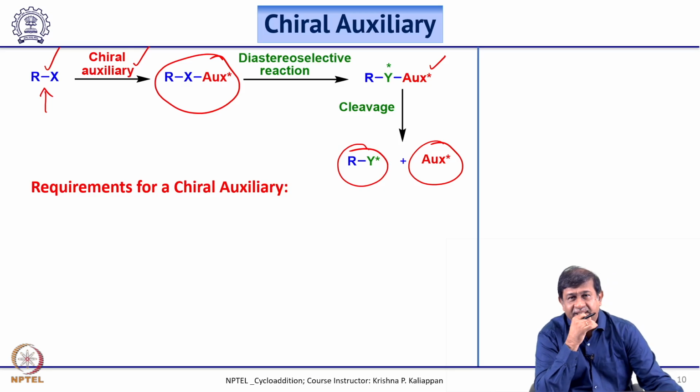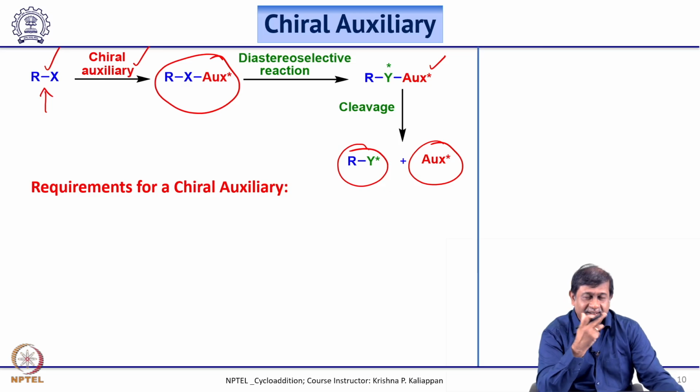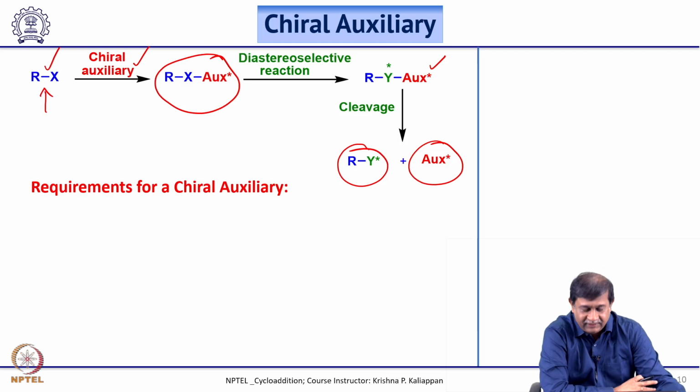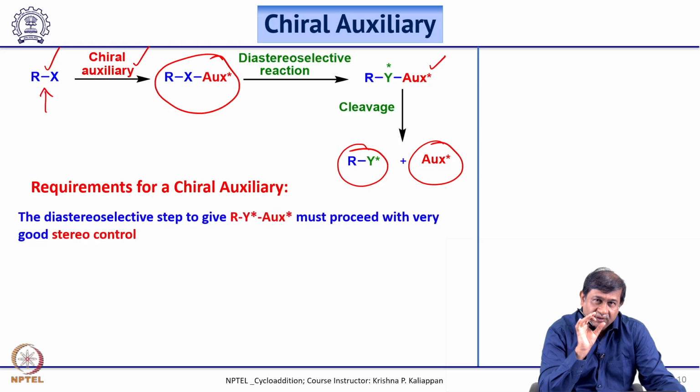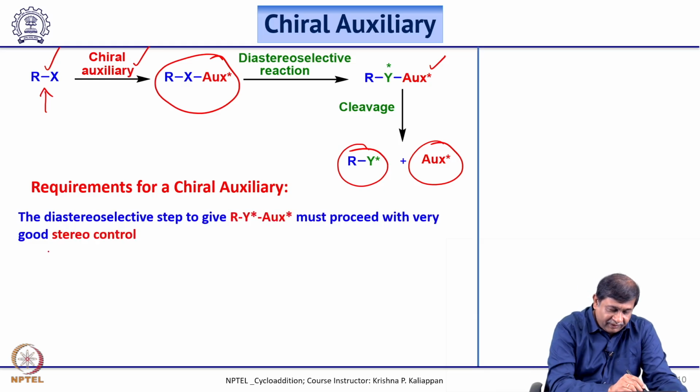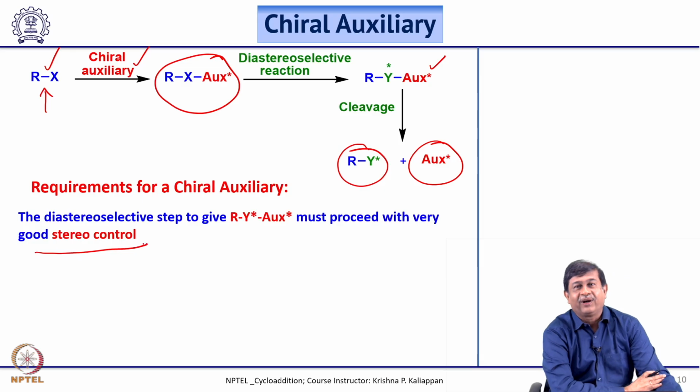Before that, how do you choose a chiral auxiliary? Because it's very important. There are so many naturally occurring compounds with chiral centers available, but you cannot choose all. So you have to choose a certain chiral compound as the chiral auxiliary. How do you choose? First, whichever chiral auxiliary you choose, it should give very high stereo control.